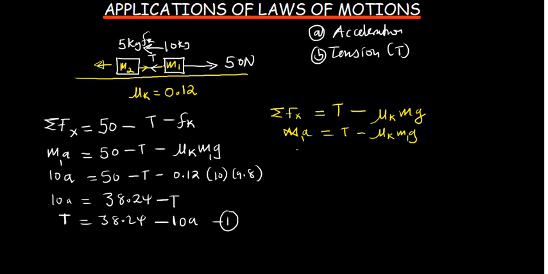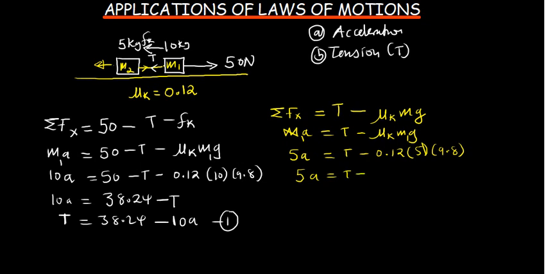Mass still is 5, g is 9.8. So this will give us 5a being equal to t minus, we're going to multiply 0.12 times 5 times 9.8, that will be 5.88.